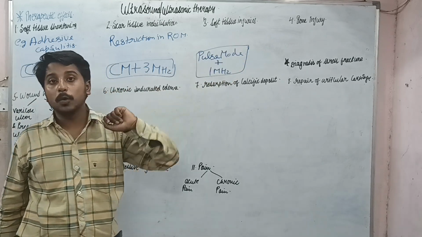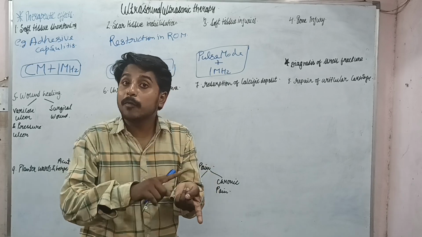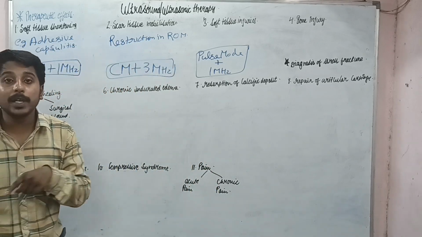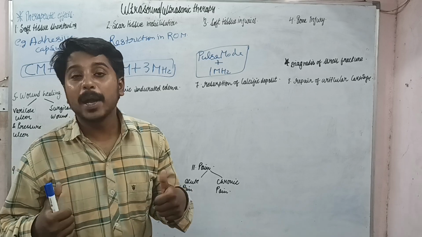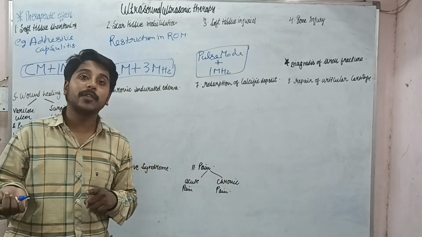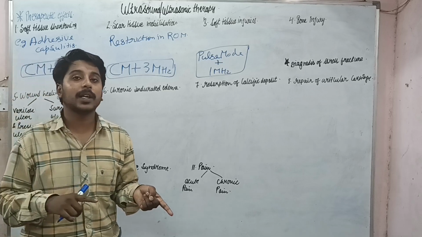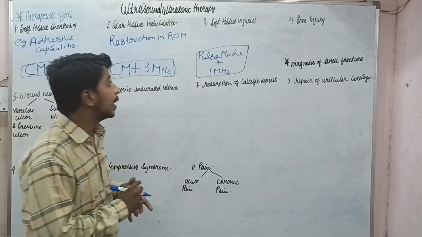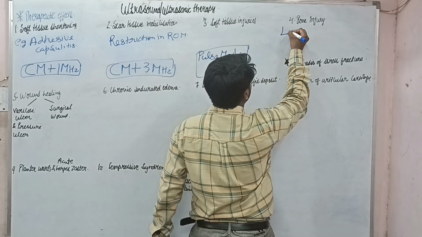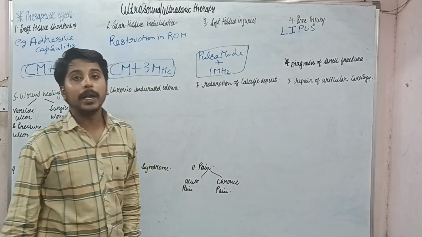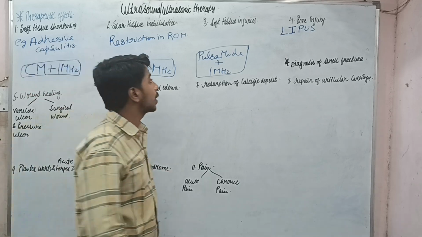Then bone injury. We have studied that if we apply ultrasound in the first 2 weeks, it is very beneficial. But if we apply it in the cartilage proliferation stage, in unstable fracture, it may have a bad effect. Here a special type of ultrasound is used, which is LIPUS, the low intensity pulsed ultrasound.